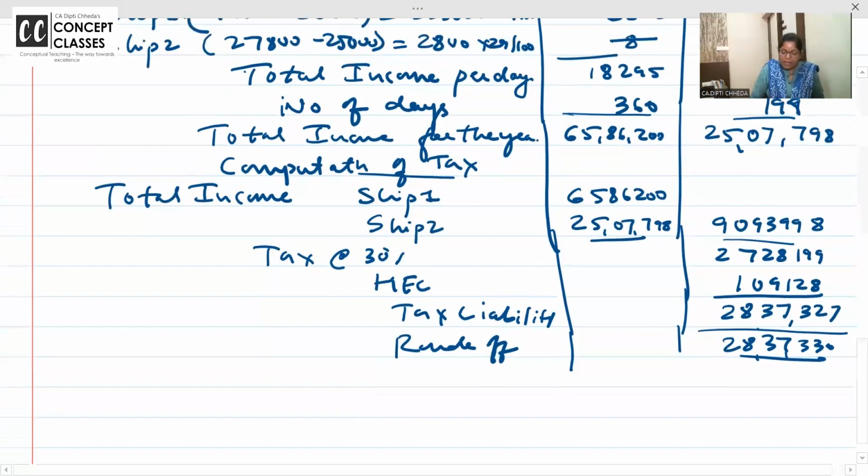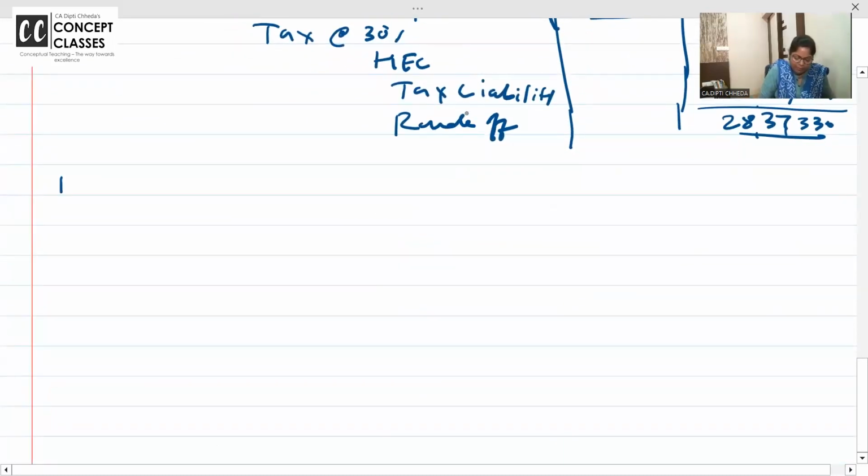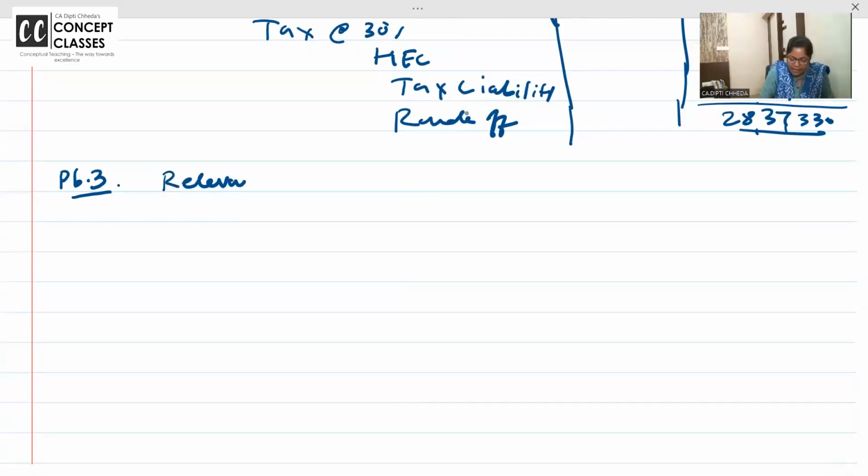Okay. I'm just giving one more problem number 3. Note down all the data for all the reserves and all to be created. Suppose relevant shipping income is 300 lakhs.